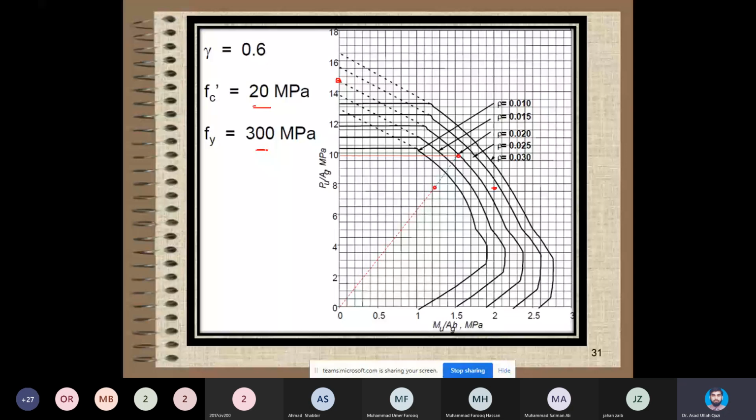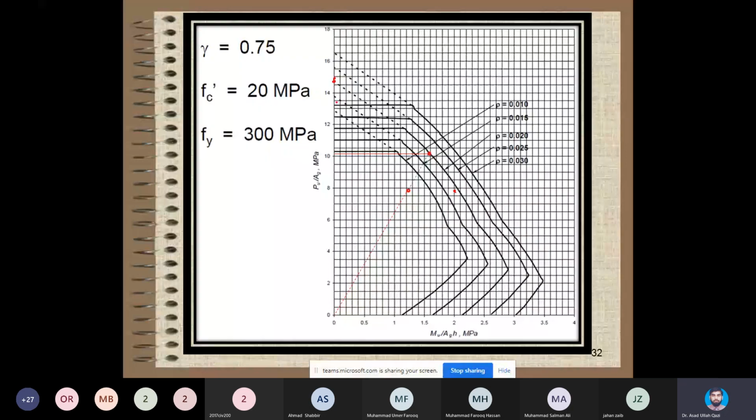Gamma will only affect the moment and load interaction. So from both pictures you will get the same ordinate, which is 14.7, multiplied with area gross to get P naught.